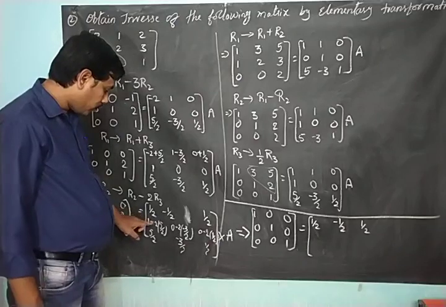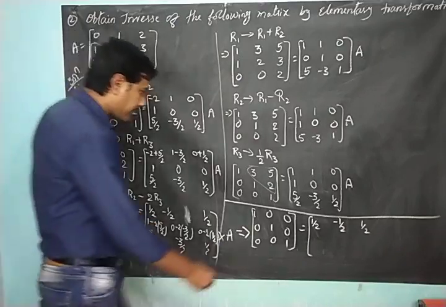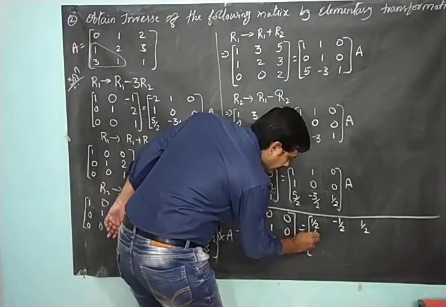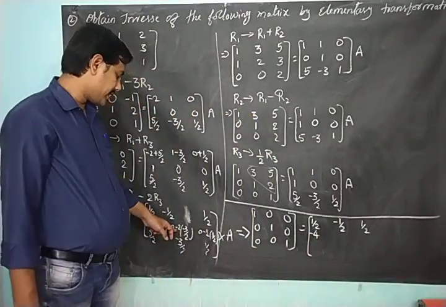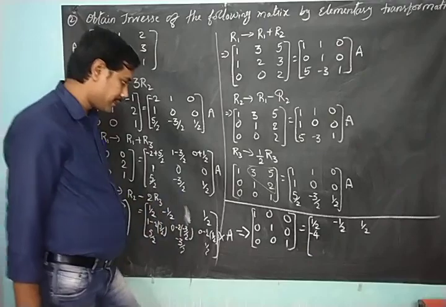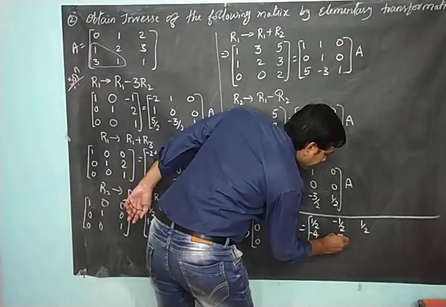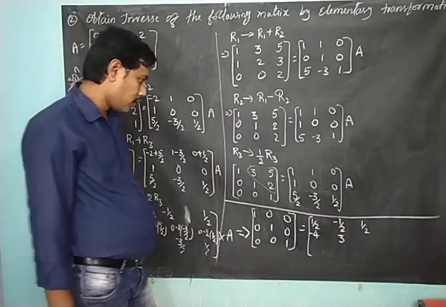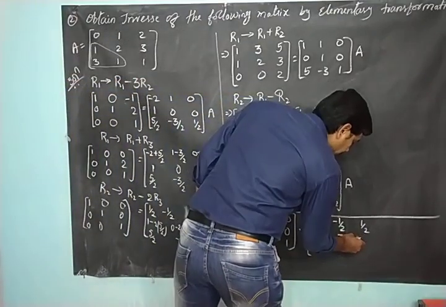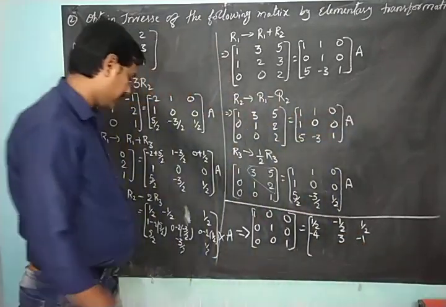What remains? 1 minus 5 is minus 4. Then here 2 and 2 cancel, 0 minus of minus 3, that is plus 3. And here 2 and 2 cancel, 0 minus of 1 is minus 1.